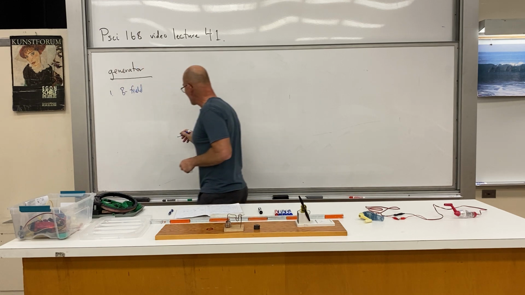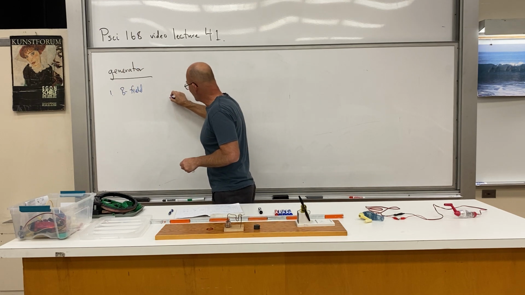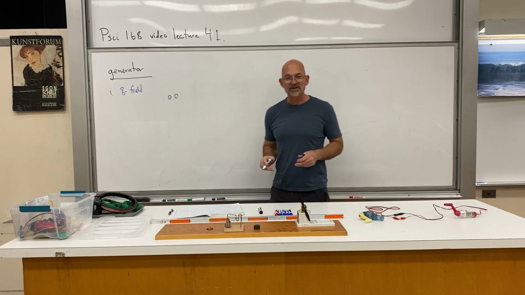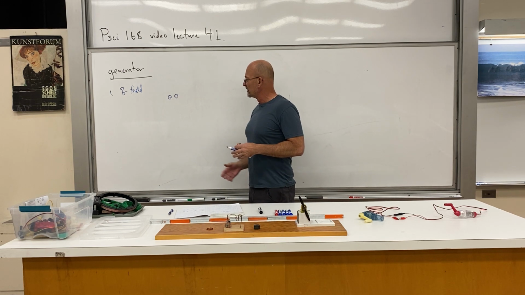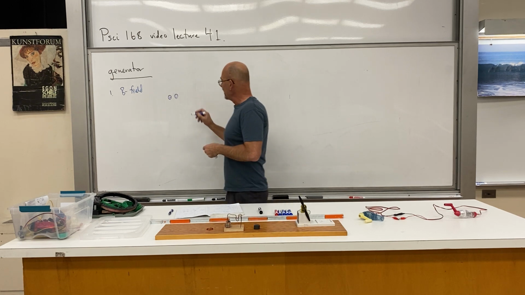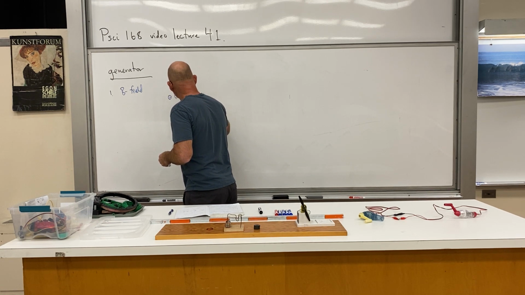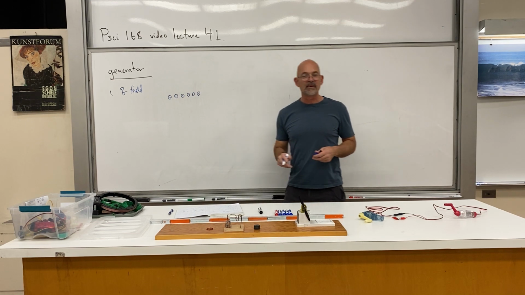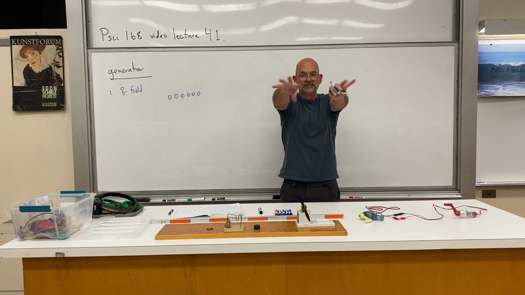And the way we're going to imagine the magnetic field is that it is coming out of the board. Remember, magnetic field has a direction. So imagine that we have magnets configured in such a way that it's coming out of the board, and these little dots with circles are like arrows that are coming at you, okay? Like arrows.